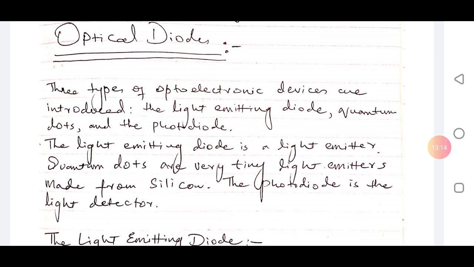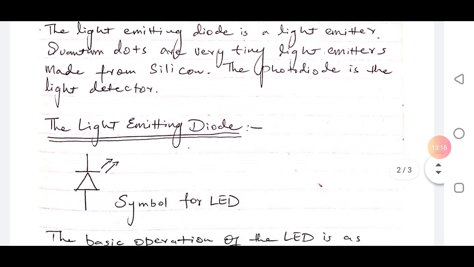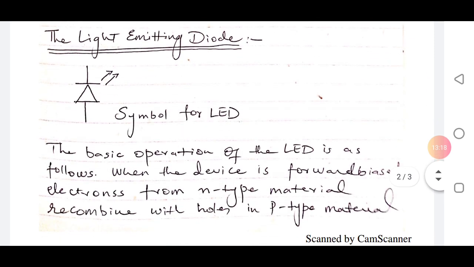Our first heading is the light emitting diode. Now look at the symbol of the LED. This is the symbol of a diode, but there is some difference.